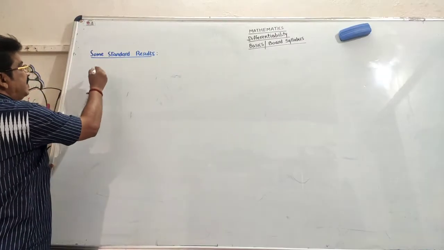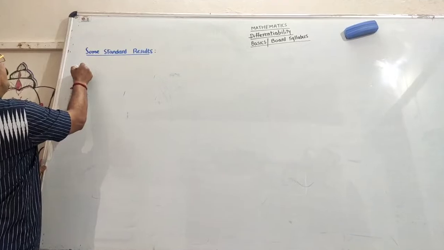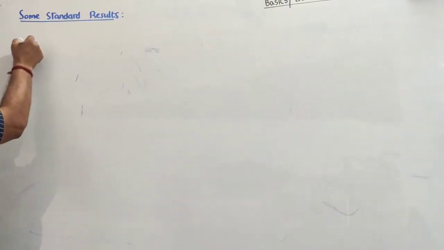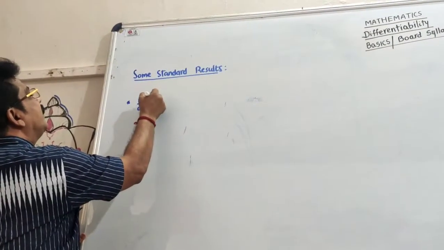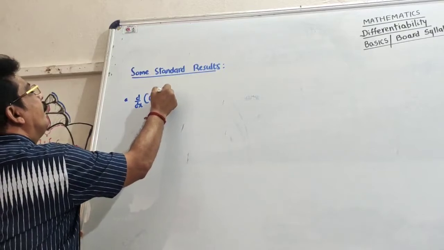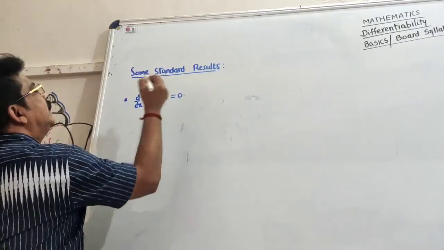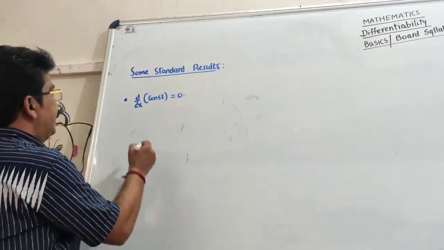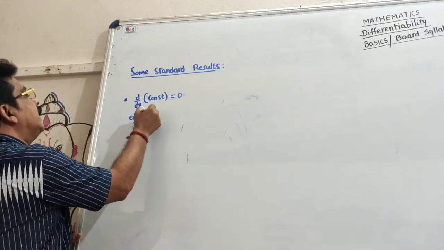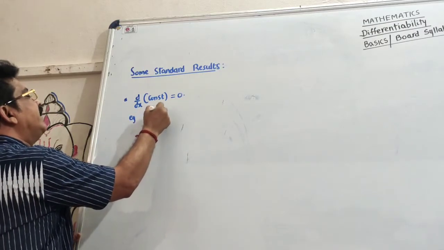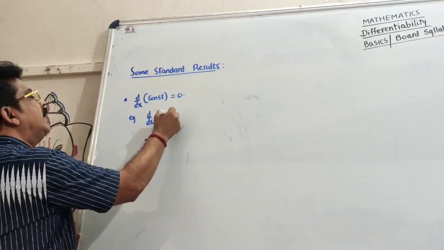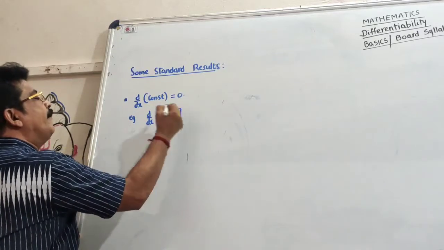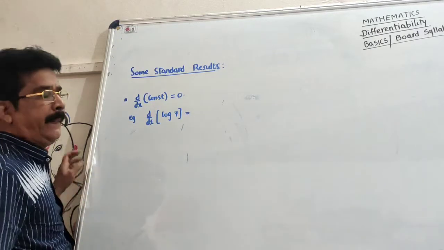Next, some standard results, namely d by dx of a constant is equal to 0. For example, d by dx of log 7, that is equal to what?